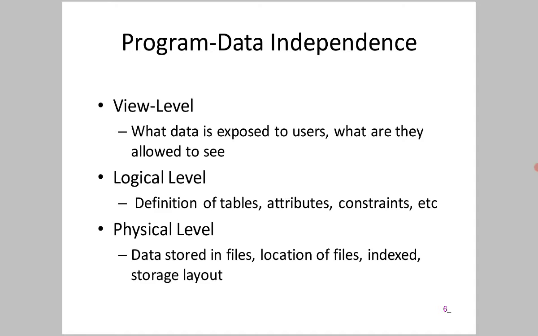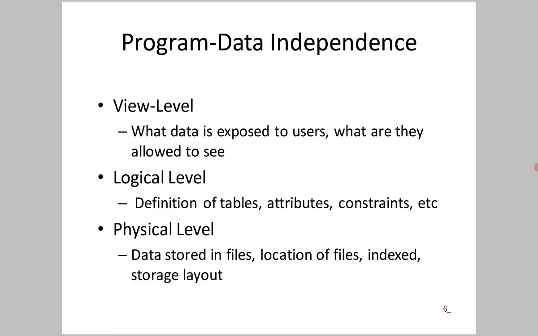All these are defined in the conceptual view. The second one is the logical view. Logical view contains definitions of tables, creation of tables, attributes meaning fields or columns and their properties, maximum size, data types, and constraints. Constraints means validation checks applied.